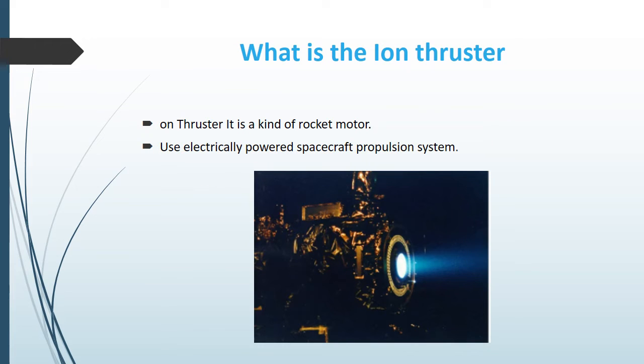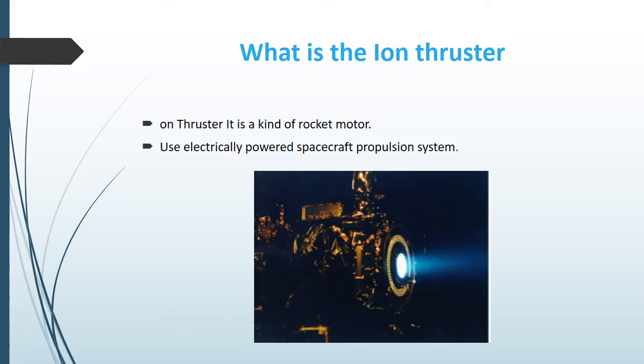In electrostatic thrusters, there are two types. We will discuss briefly one type, the ion thruster. Ion thrusters are being designed for a wide variety of missions, from keeping communication satellites in the proper position to propelling spacecraft throughout our solar system.